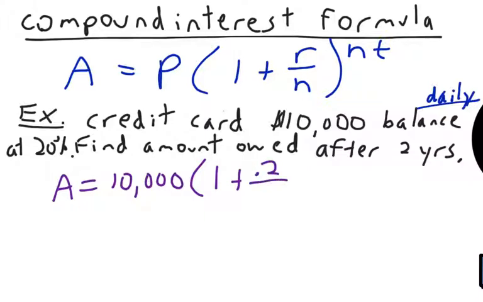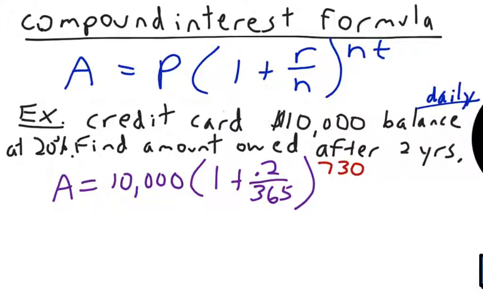Then the N is how many times is it calculated per year, and that would be daily. How many days are in a year? 365. And then to the N power, so that's that same number again, 365. And then how many years are we talking about? 2. I'm going to go ahead and change my 365 times 2 to 730.